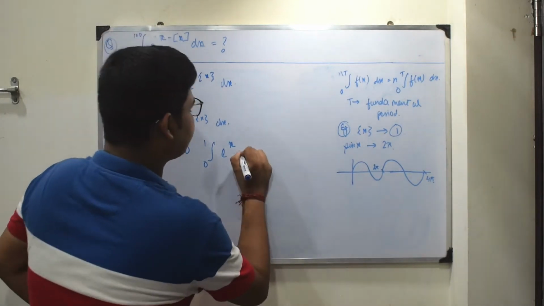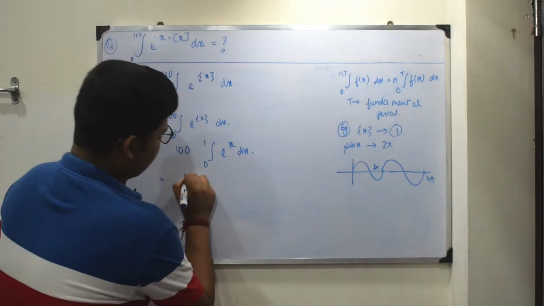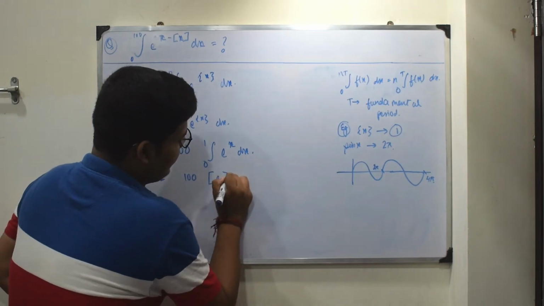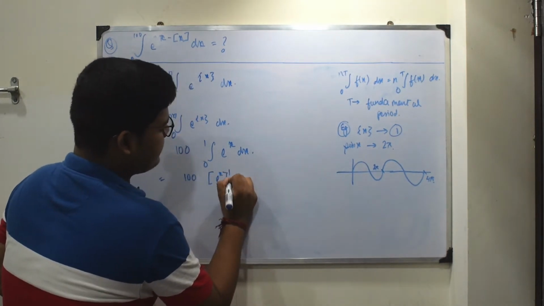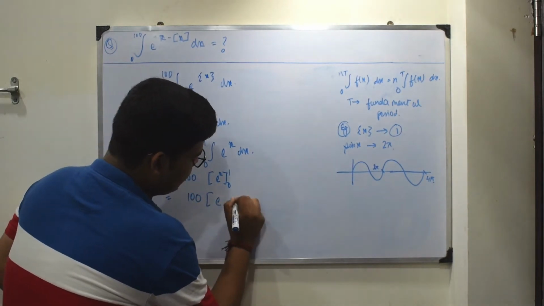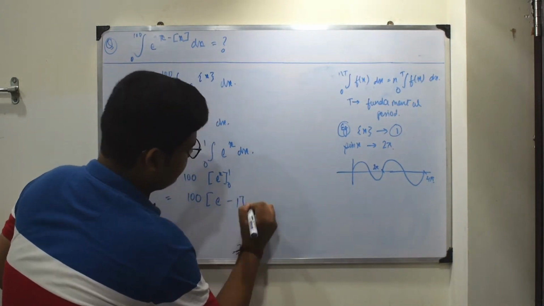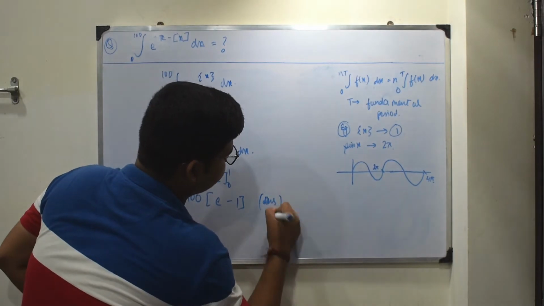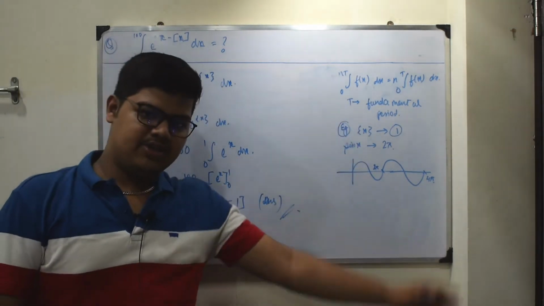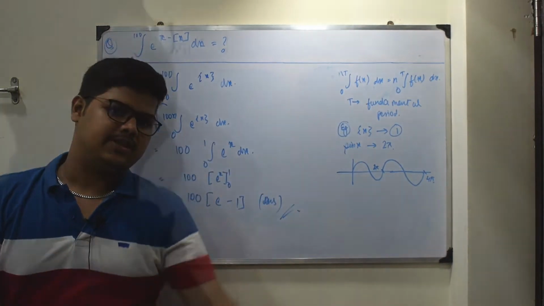The integration of e to the power x is e to the power x itself from 0 to 1, so it would be 100 times (e minus 1), and this is our final answer. Note down the concepts, you may take a screenshot, and let's go to the next question.